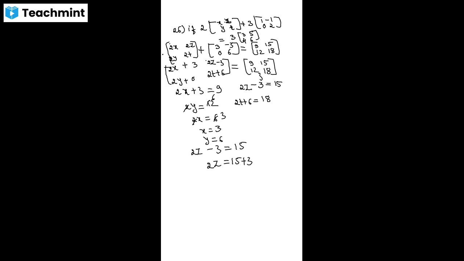15 plus 3 is 18. So 2z is equal to 18, 2 1s 2 9s. z is equal to 9, we got the value. Next, 2t plus 6 is equal to 18. Take this 6 to this side, it becomes minus, so 2t is equal to 12, 2 1s 2 6s, t is equal to 6.